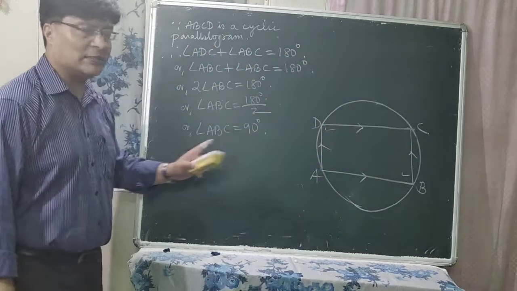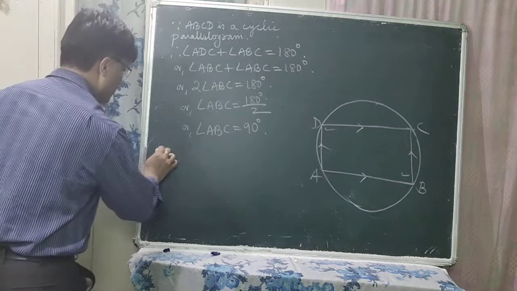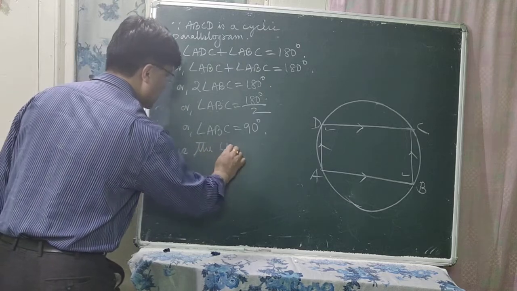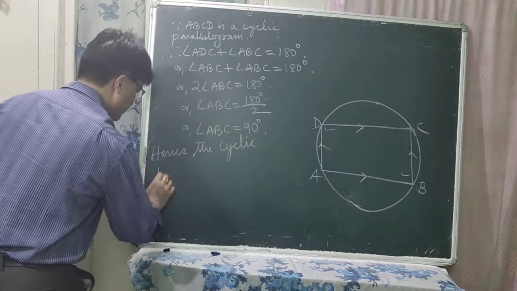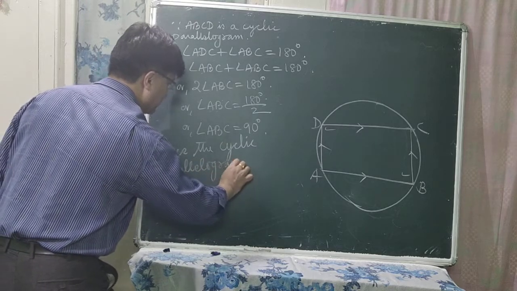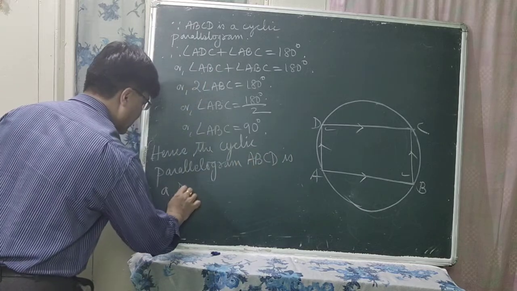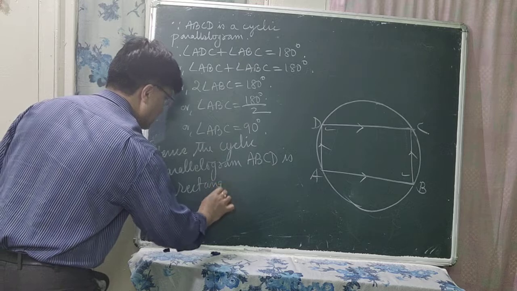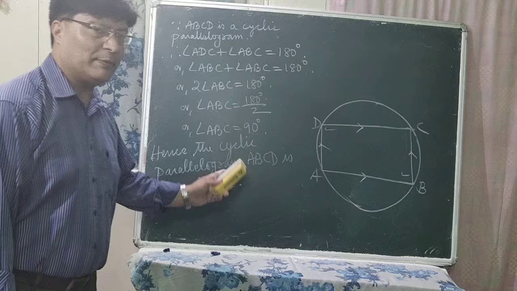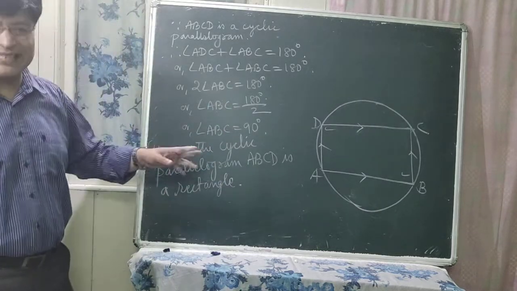That means this cyclic parallelogram ABCD is a rectangle. So hence the cyclic parallelogram ABCD is a rectangle, because one of the angles of the cyclic parallelogram is 90 degrees.